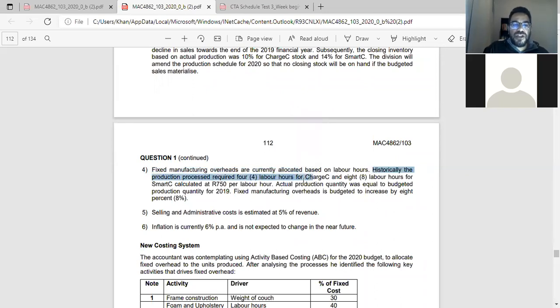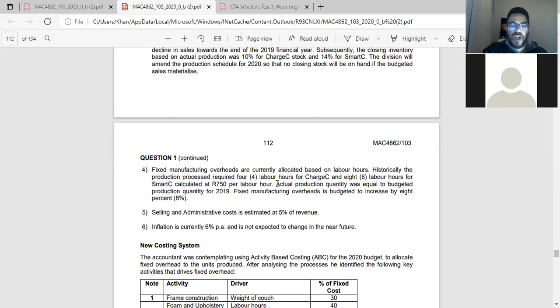Historically, the production process required 4 labor hours for Charge C and 8 labor hours for Smart C, calculated at 750 Rand per labor hour. Okay, so they say the production process required 4 labor hours and 8 labor hours. Actual production quantity was equal to budgeted production quantity for 2019.